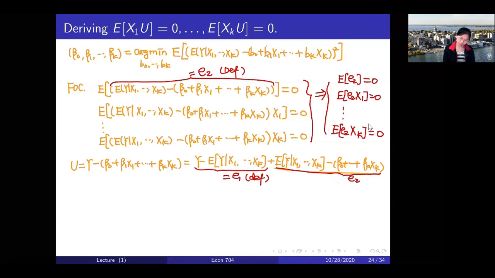Now, what conditions does E1 satisfy? By definition, E1 is the difference between y and its conditional mean given x1 to xk. So we have shown on the page where we showed the mean independence of the error term with the x for the conditional mean model that this difference is mean independent of the x variables. And not only mean independent, but also it has expectation 0.